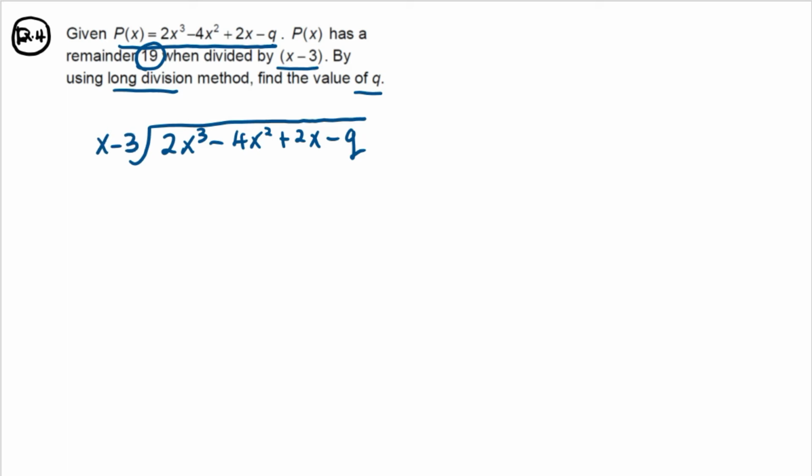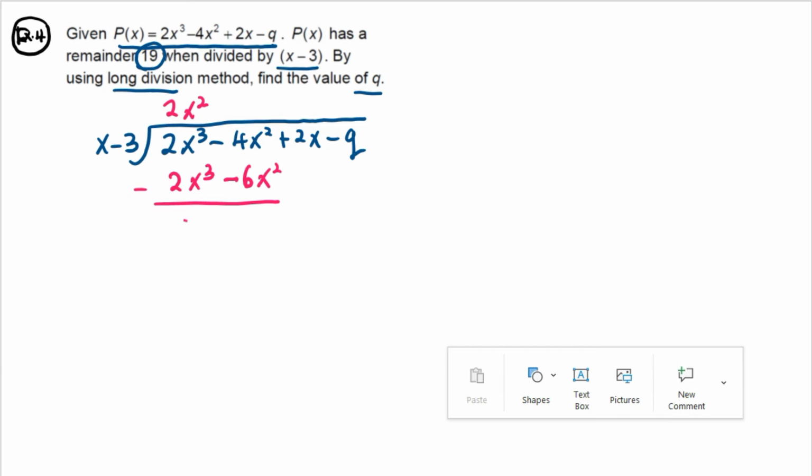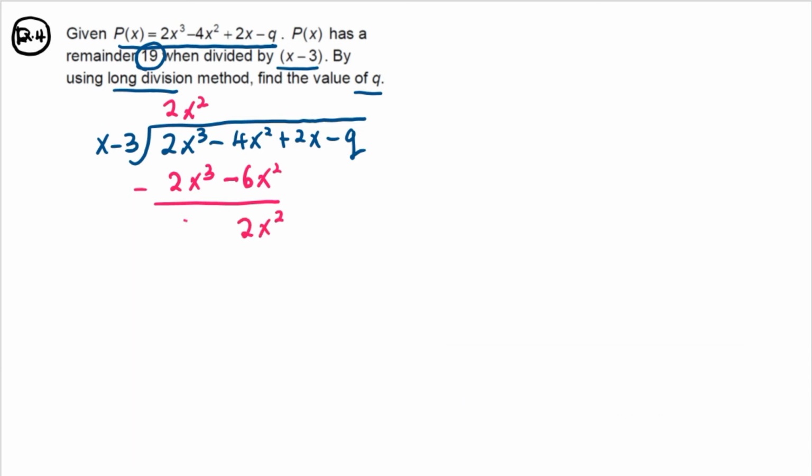Divide by x minus 3. Right now, we try to divide 2 with x, therefore we have 2x squared. You multiply back, you get 2x squared multiplied with x, you get 2x to the power of 3 minus 6x squared. Right now, let's simplify this. From 0, negative 4 plus 6, therefore I have 2x squared.